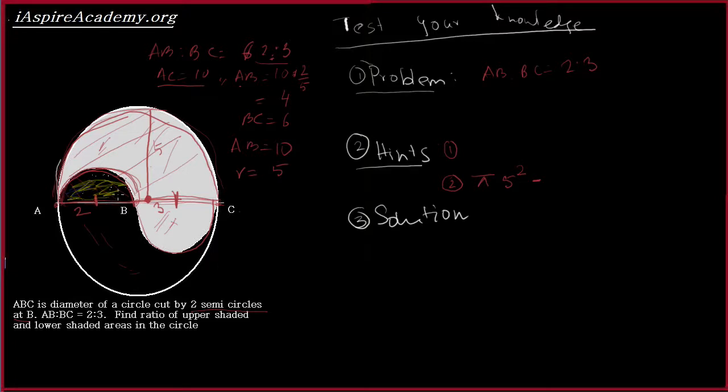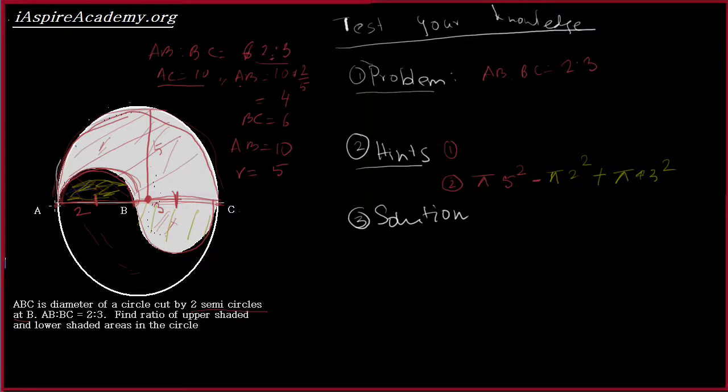What is the radius of the smaller semicircle? It is 2. So minus pi times 2 square, plus, so you subtract this and add this, pi times 3 square. This will give you the upper white shaded part.